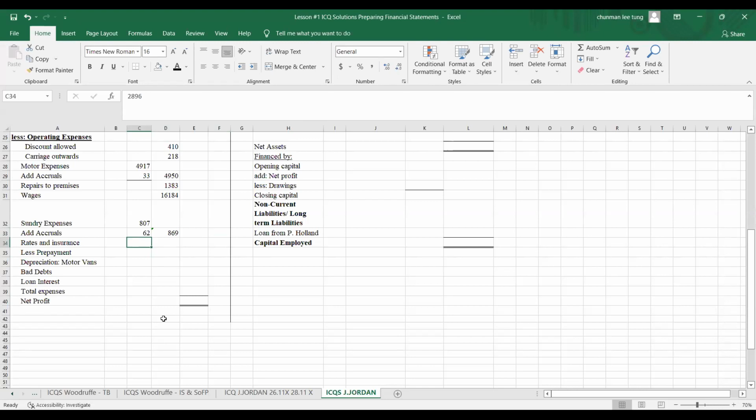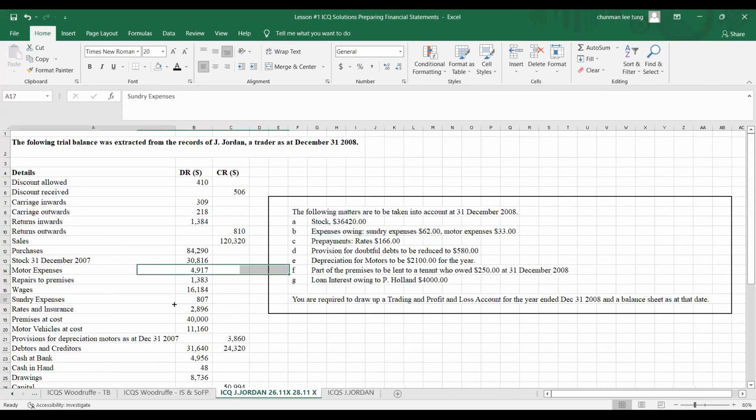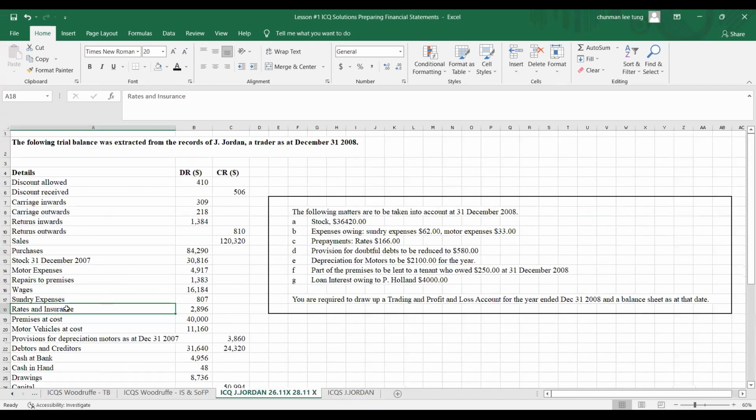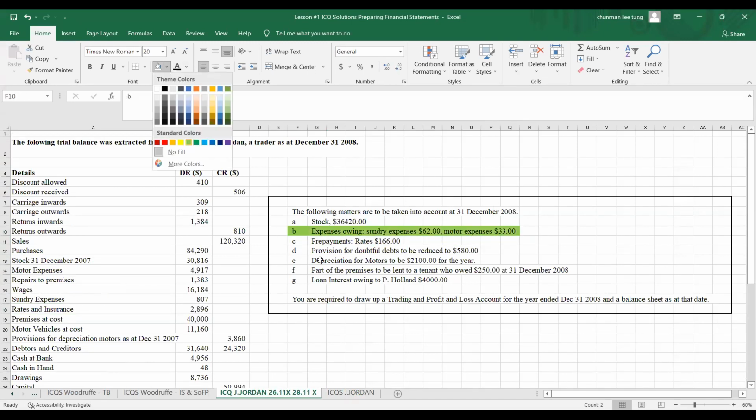Rates and insurance. Is it our next expense after sundry? Yes. Is anything affecting rates and insurance? No or yes? Look at it carefully. We did this, we finished B. We see in prepayments, rates 166.